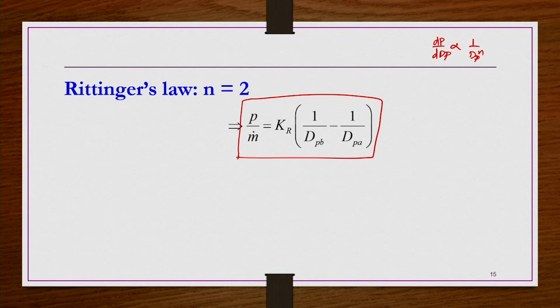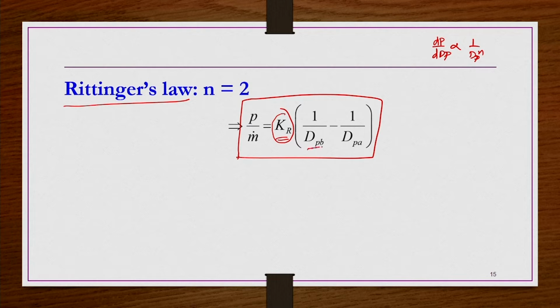That constant is known as the Rittinger's law constant. Whatever crushing law you get by substituting n equals 2, after integration and substituting the limits, is known as Rittinger's law. That constant Kr is known as the Rittinger's constant, and it is a dimensional quantity. It is not dimensionless, it has some dimension.